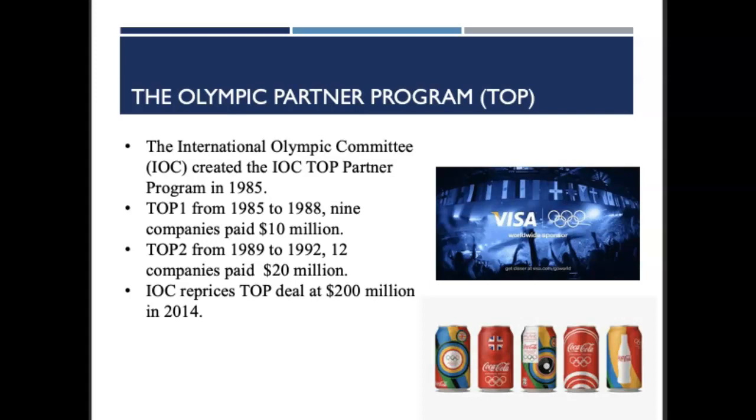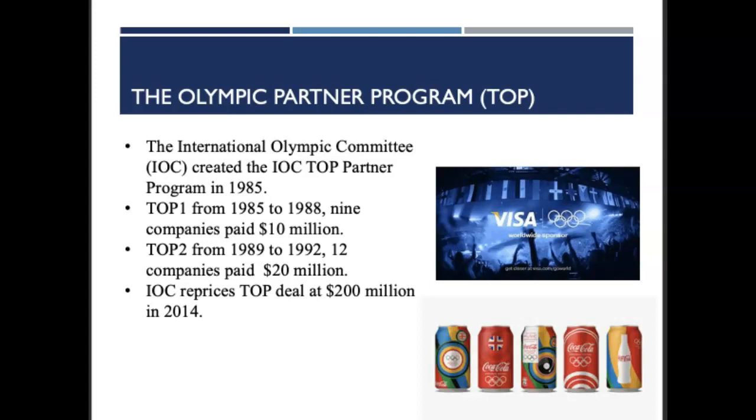That really gave not just Olympic sports, but the entire sports world, the idea of the importance and power of sponsorships. So after the 1984 Olympic Games, the IOC started to create their own sponsorship program called the TOP Partner Program.